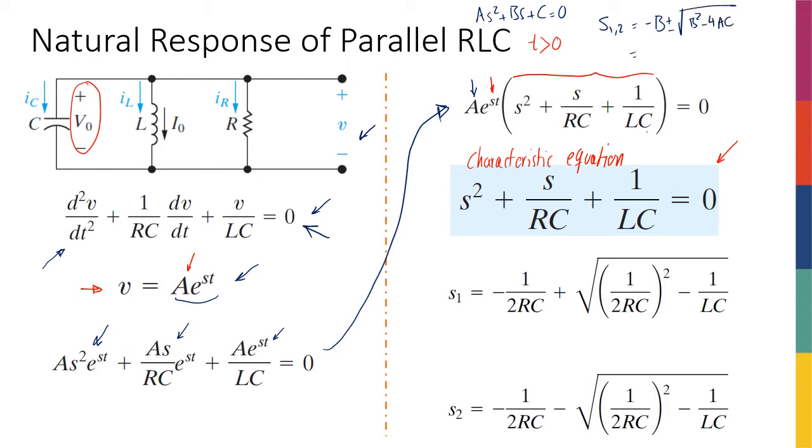Or in some cases, people write negative B over 2 plus minus the square root of (B over 2) squared minus AC. They're the same, okay?